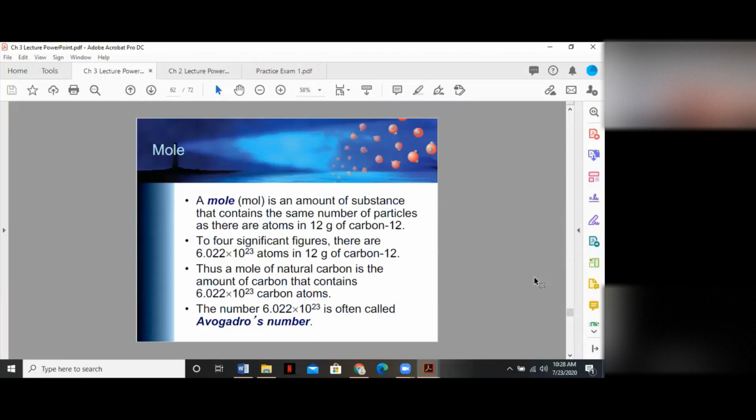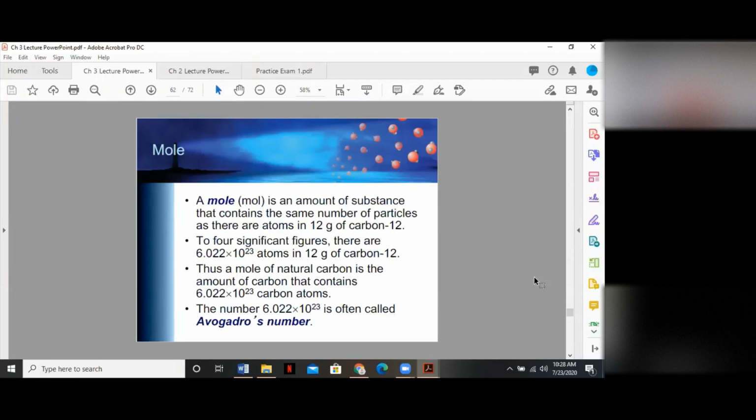And we said atoms usually have within them protons, neutrons, and electrons. So we know that the smallest thing in the element is the atom. Now, what has been found is that 1 mole, which is an amount of substance, of any of those elements will always equal the same number of atoms.